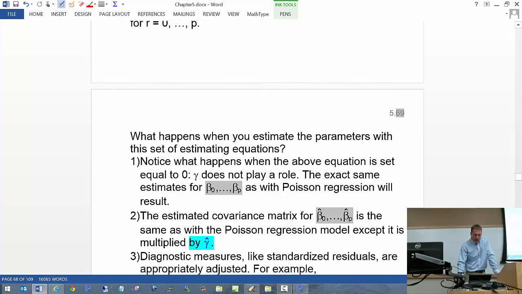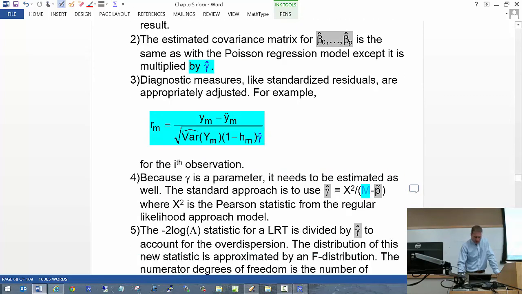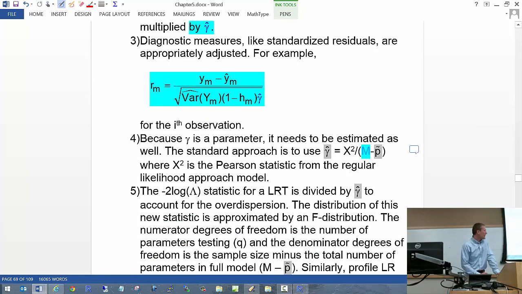And typically what's done is, I'm going to go down to number 4 here. Do note that there is some blue stuff here, unfortunately.